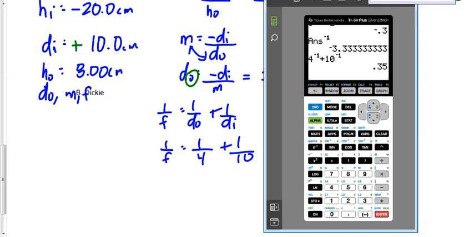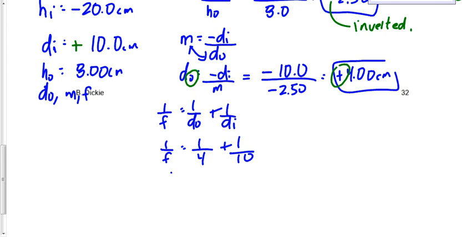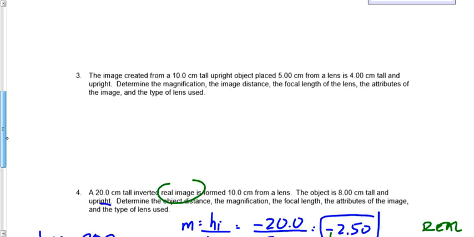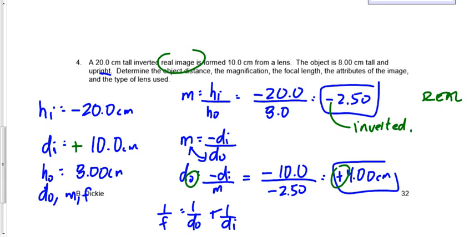Let's flip that over to get F, and we get a value of 2.86. It's positive, and a positive F means that we have a real focal point. And a real focal point means that we have a converging lens, where rays of light actually come together and converge at the focal point.